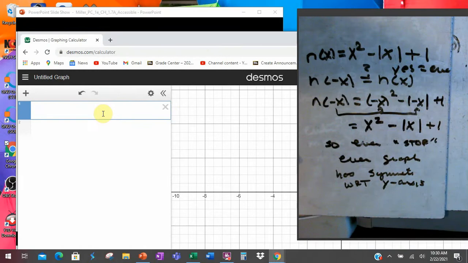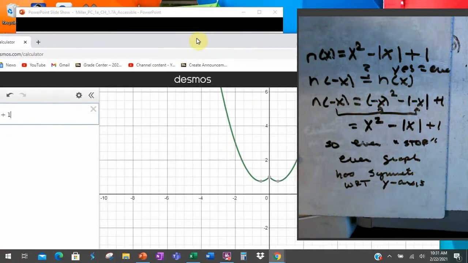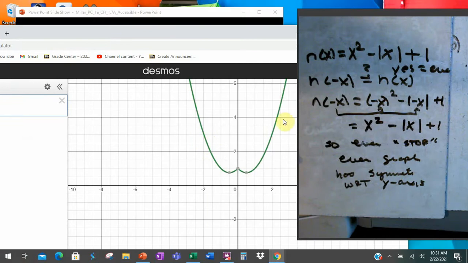I'm going to say y, I'm going to use my y value, is equal to x squared minus, and I'm just going to use the bars for this, x, and then plus 1. And if I come back over here, that's what that's going to look like.